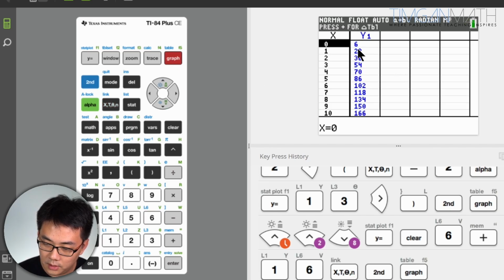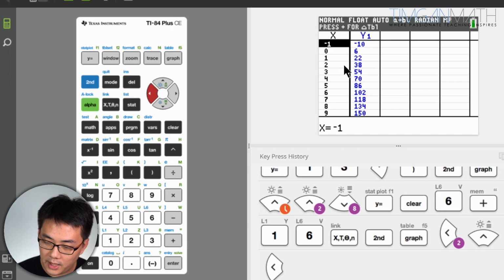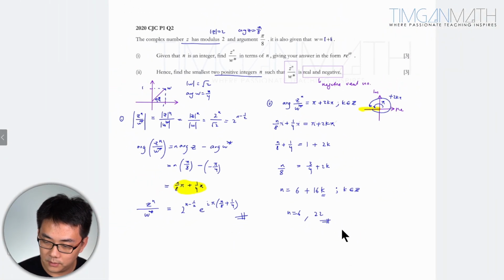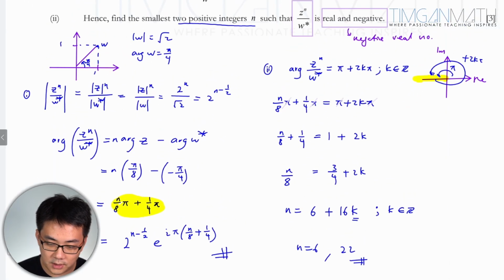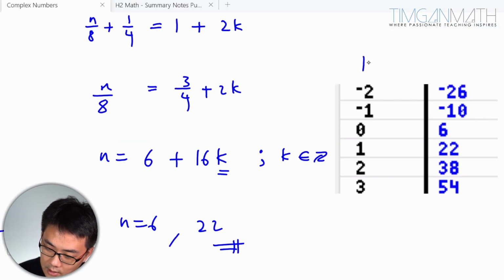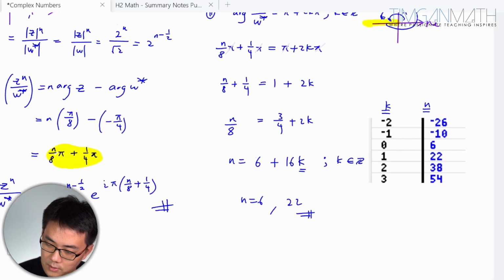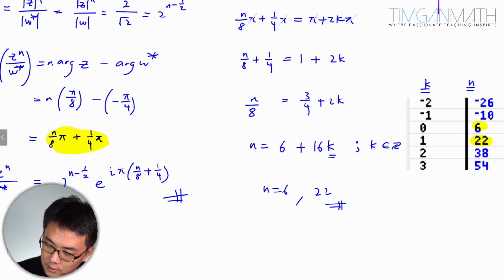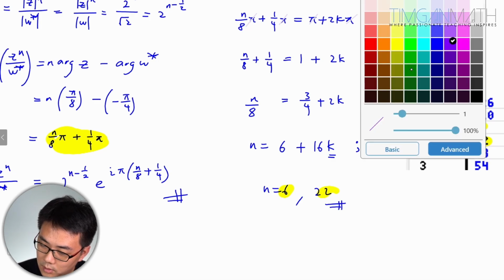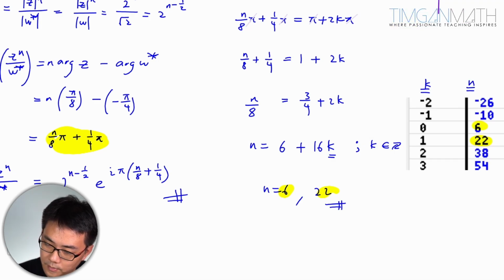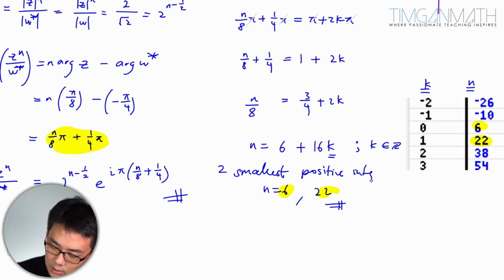Second table, 6 and 22. Okay. Anything other than that is negative and so on. So these are the 2 smallest. So from GC, this is k, this is n. Okay, the smallest 2 will be this and this one. So let me just write this down. Smallest 2 positive integer n.